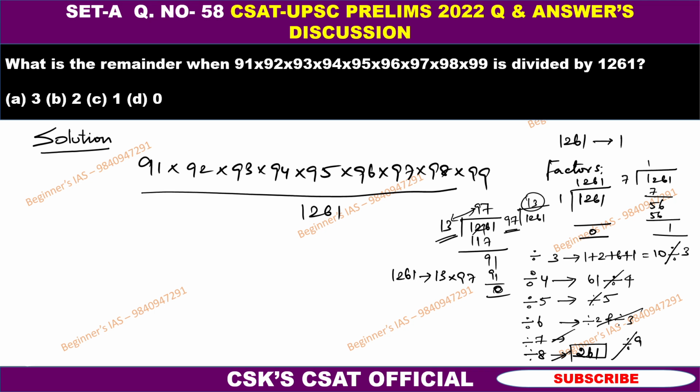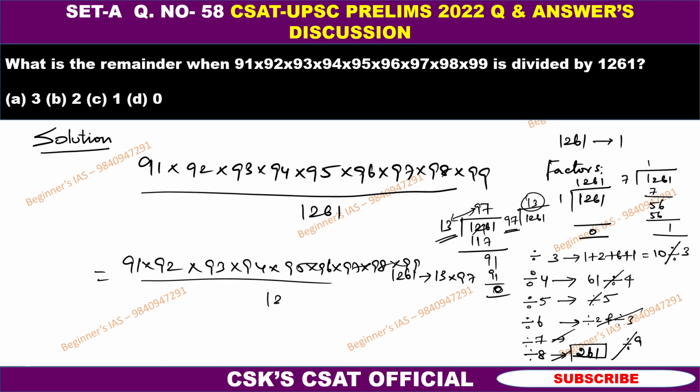After you found this, there are two factors. Now 91 into 92 into 93 into 94 into 95, 96, 97, 98, 99 is divided by 1261. Now listen carefully. I am going to replace this 1261 with the two factors, 13 into 97.